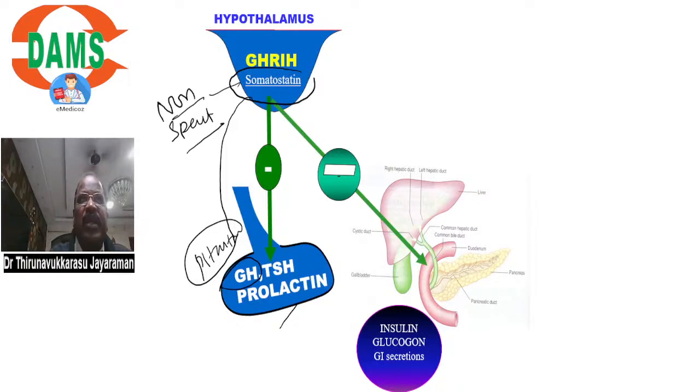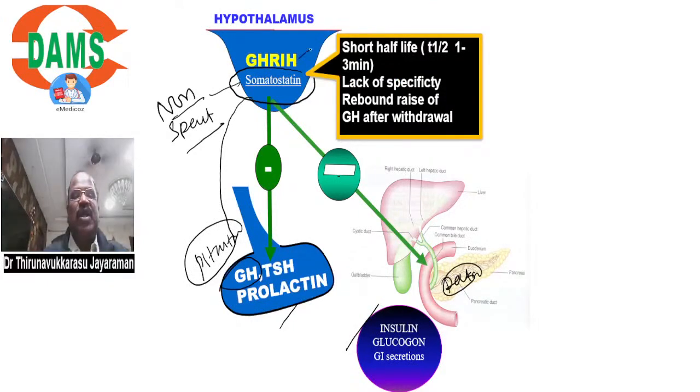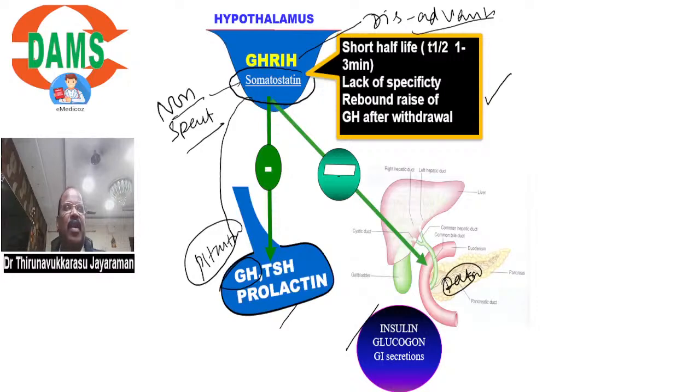Somatostatin is also released from delta cells of the pancreas, where it inhibits insulin and glucagon secretion. So when I use somatostatin, it unnecessarily inhibits insulin secretion, causing diabetes. So what are the disadvantages of somatostatin? Short half-life, lack of specificity, and rebound rise of growth hormone level after stopping somatostatin. So we don't go for somatostatin.